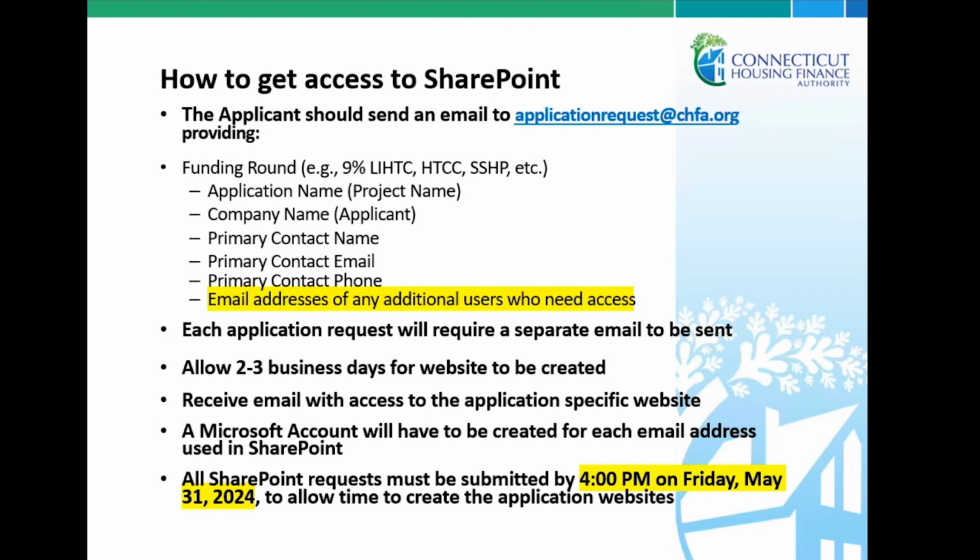This is critical. Previously, you could add users yourself. Now you're no longer able to add users. So let us know the email addresses, and we'll take care of that for you.